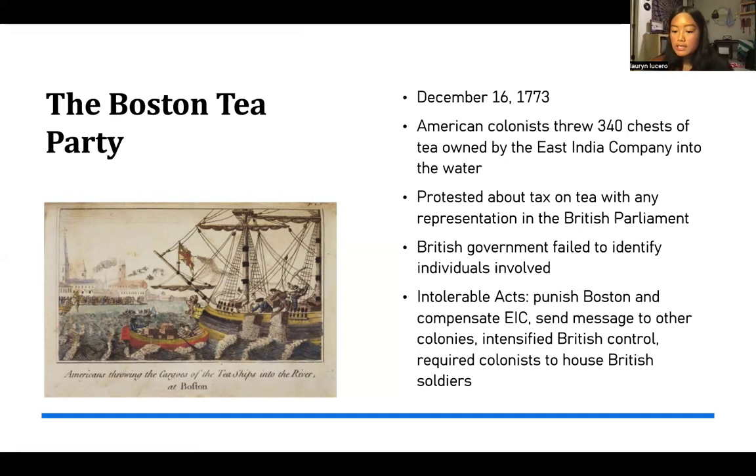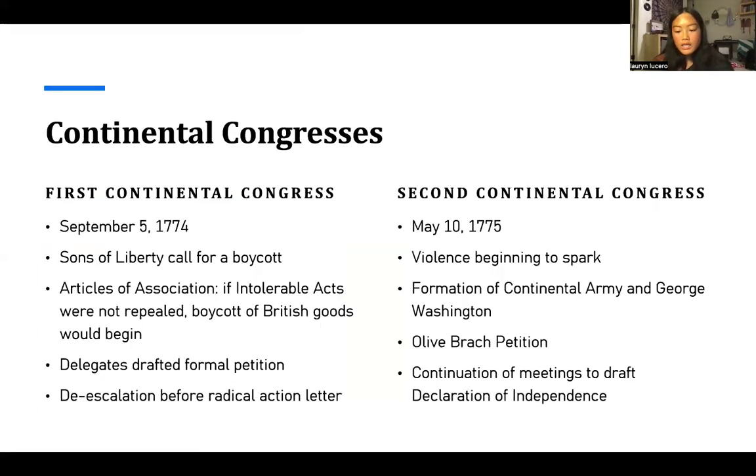These acts were more intense and were implied to punish, compensate, intensify British control, and place more requirements on the colonists, including the requirement to house British soldiers. At this point in time, the colonists are completely over the mistreatment and unfair policies the king has placed on their lives and are ready to take action.